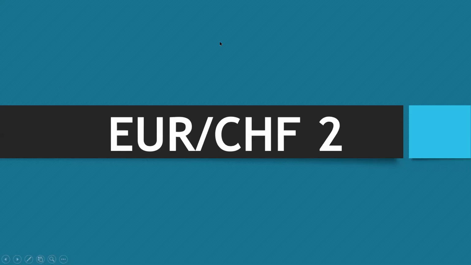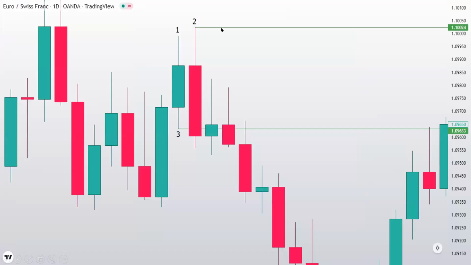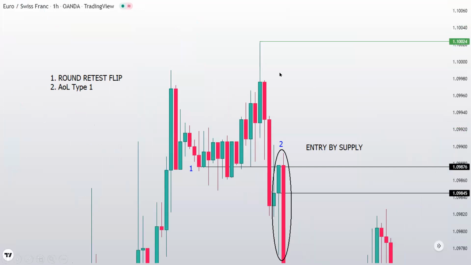Another example of this Euro CHF, but this type 1, it was daily time frame. On 1 hour time frame, now look, something that I was talking about in previous explanations, we have this liquidity flip, as you can see, but also on the exact point, we have this type 1 on 1 hour time frame.